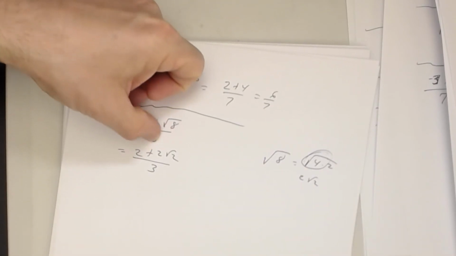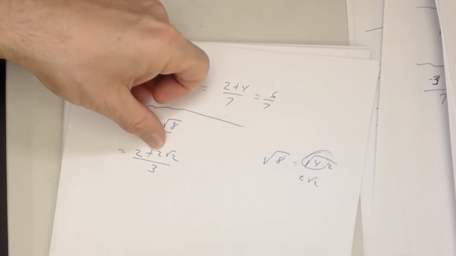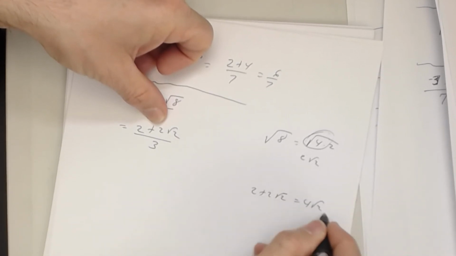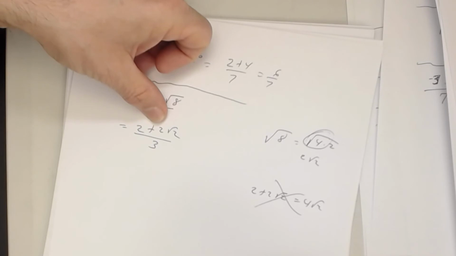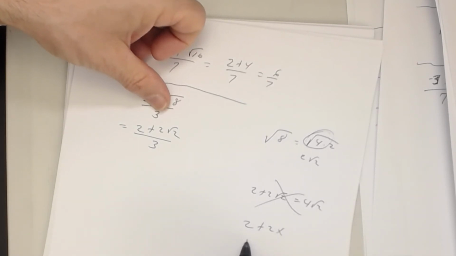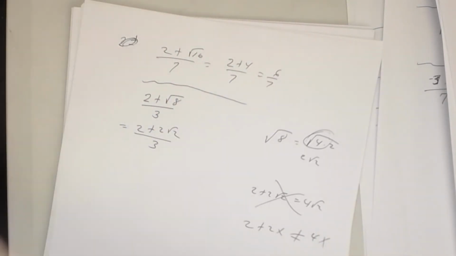I can't combine these two. I cannot say that 2 plus 2 square root of 2 is 4 square root of 2. That is not true. It's kind of like saying this, 2 plus 2x. Can I combine 2 plus 2x? No, they're not like terms. That is not equal to 4x. Same idea here. 2 plus 2 square root of 2, it's kind of like saying, how many square root of 2's do you have?